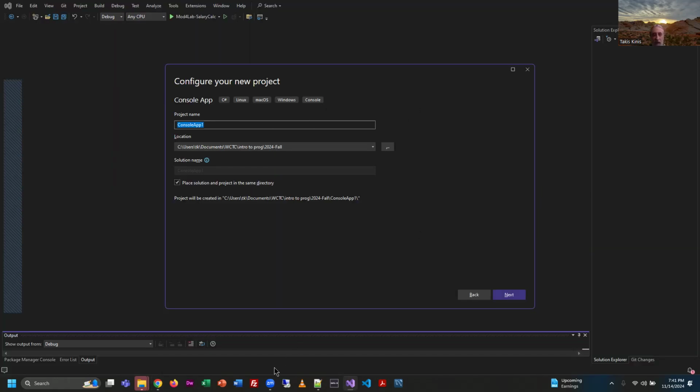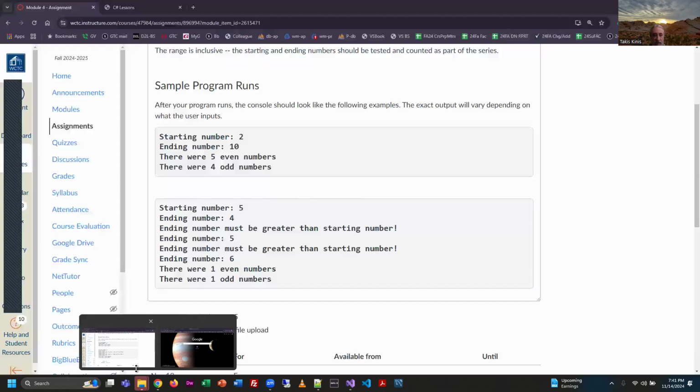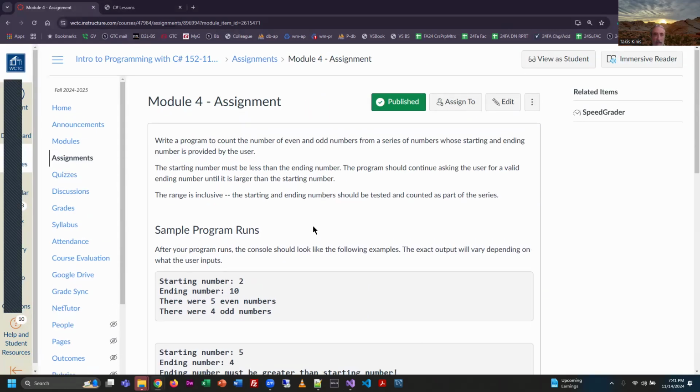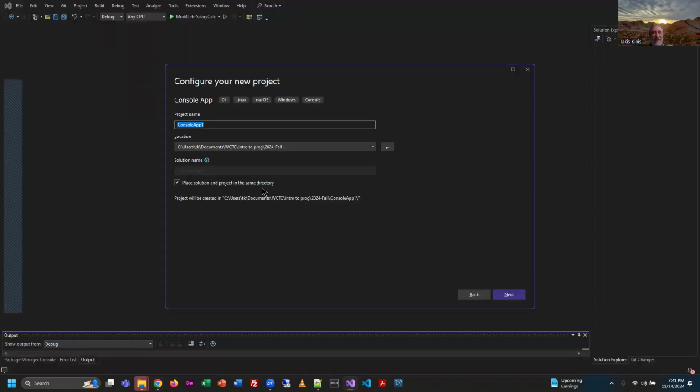So what do we call this one? What's the exercise called? Assignment. Okay, got it. So we'll just call it mod 4 assignment. And maybe you could say number series, even, odd, if that helps you.